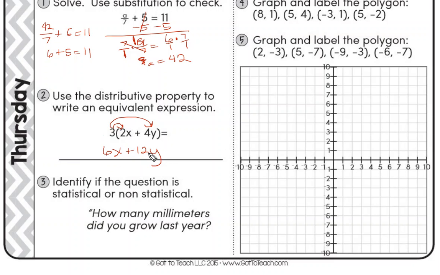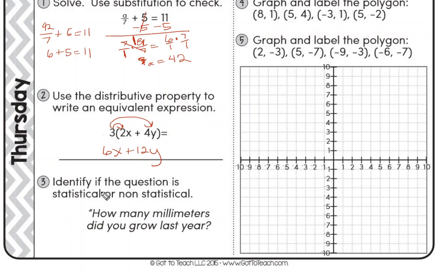And we cannot combine those because they are not like terms. X and y is like apples and oranges, right? Can't be combined. Maybe we should use something that's more not fruit, like sheep and a wolf. You don't want to combine those at all, do you?